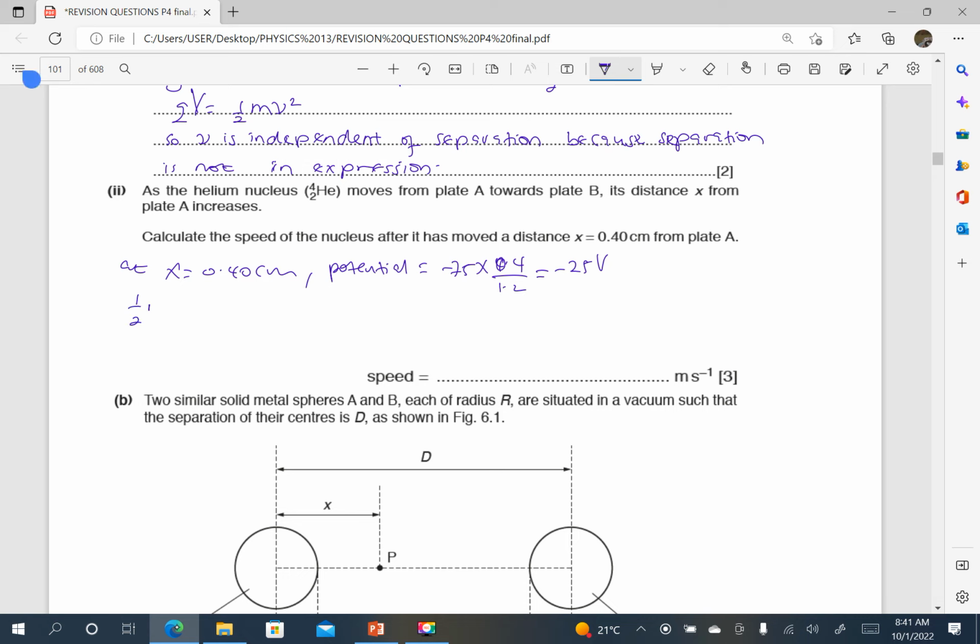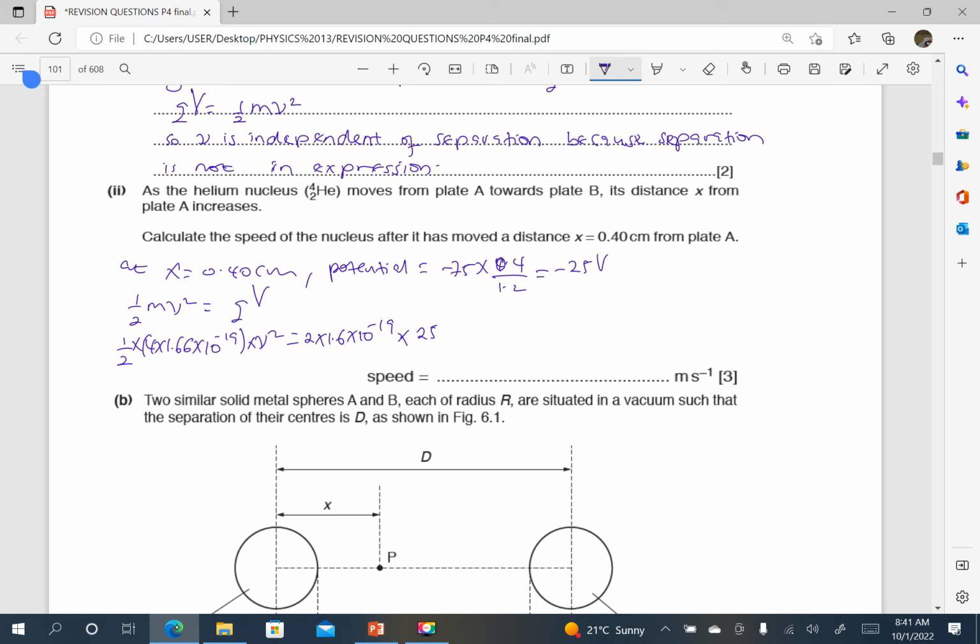So remember, a half mv squared is equal to q times v. So we have a half times the mass. The mass was 4u for the helium nucleus, so that is 4 times 1.66 times 10 power negative 27 to change it from u to kilograms, times v squared, equal to the charge of a helium nucleus, which is 2e, 2 times 1.6 times 10 power negative 19, times the potential, which is 25. I will just press my calculator.